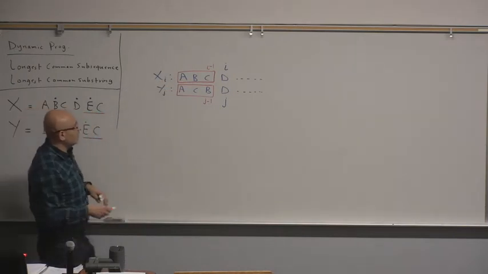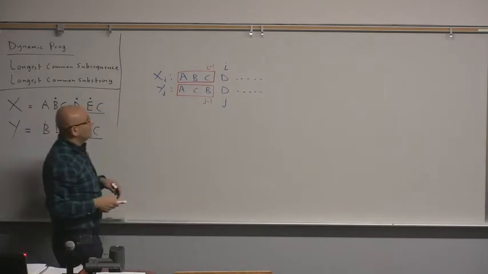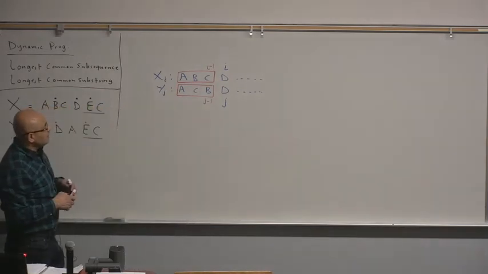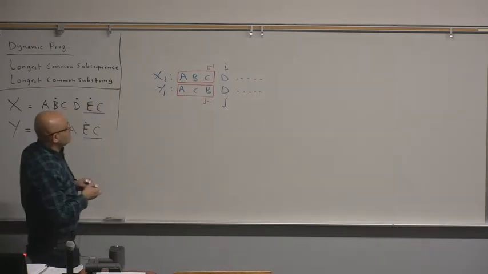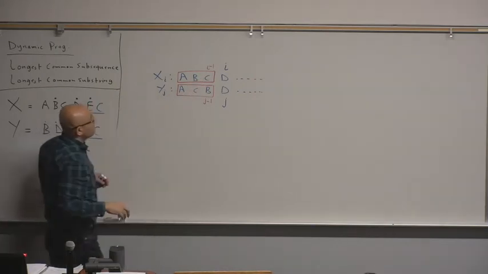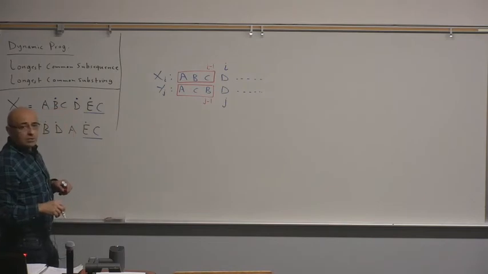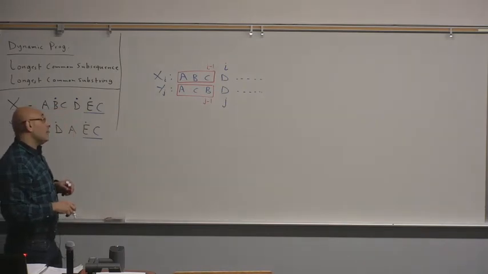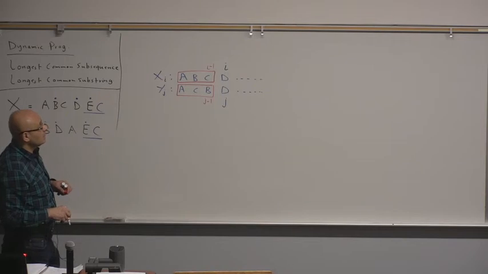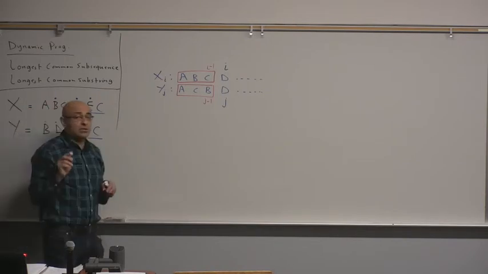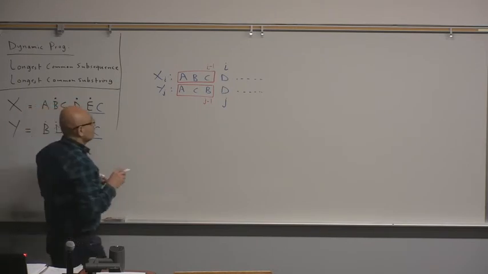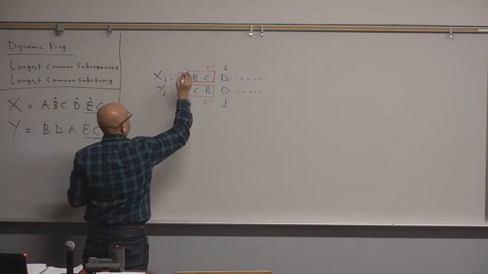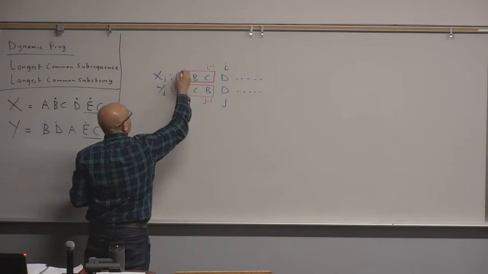So now what's the solution to the big problem? Well, in this case, obviously, the solution to the subproblem is what? So you have ABC. What's the solution? AB or AC. So the solution here is not unique. There are multiple optimal solutions. So for example, let's assume that it's AC.